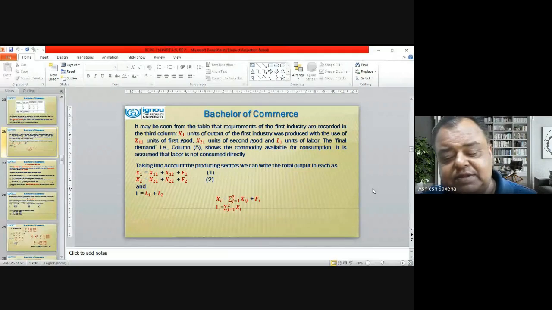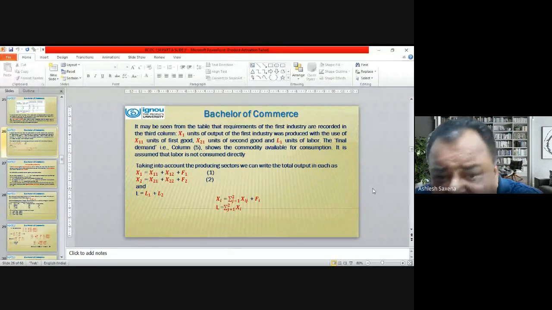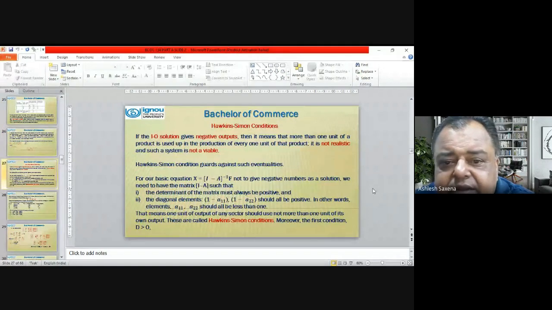Now, how is this model formed? It may be seen from the table we have drawn that the requirements of the first industry are recorded in the third column, X1. Units of the output of the first industry were produced with the use of X11 units of the first good and X21 of the second good and L1 unit of labor. The final demand, that is column 5, will be equal to that.